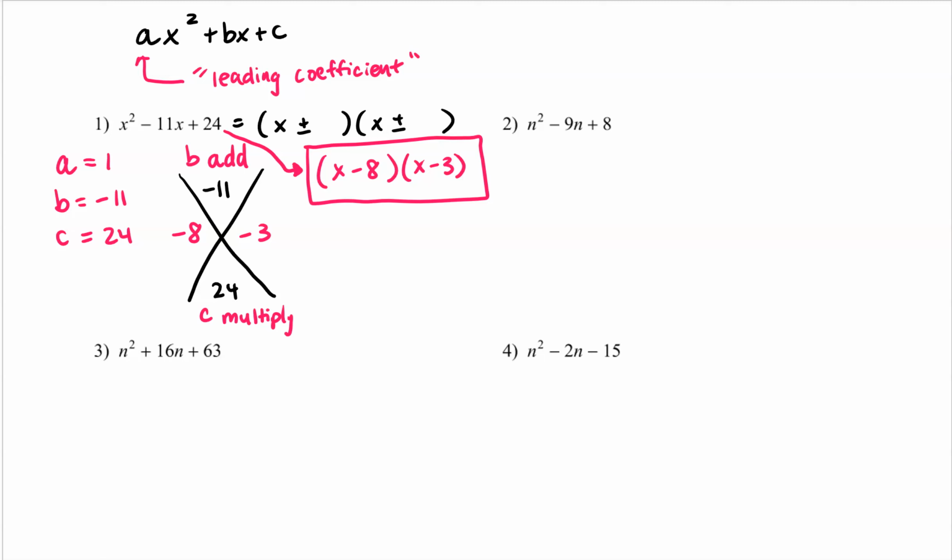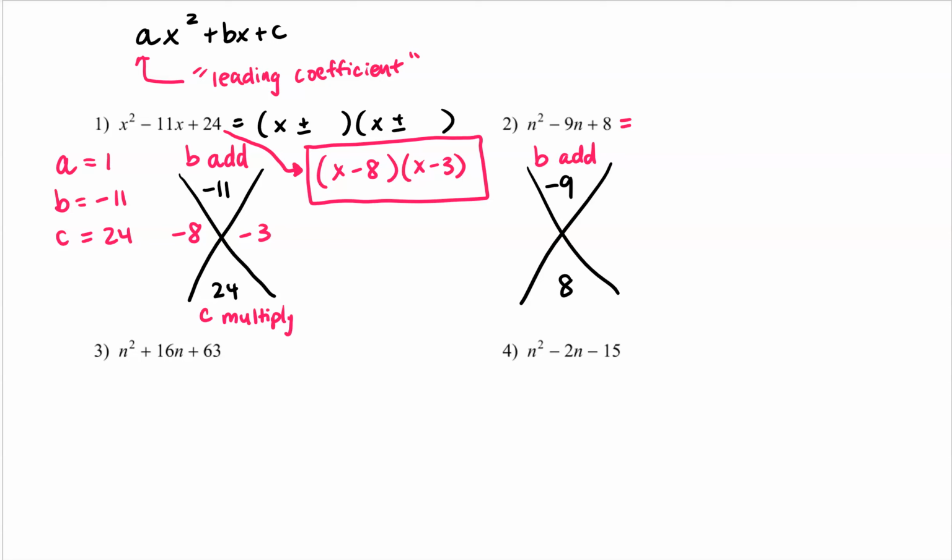Example 2 says n squared minus 9n plus 8. Don't let the fact that we are now dealing with the variable n throw you off. It works the same way that we did previously in example 1. So I'm going to create my x, and I know that the b value is negative 9, so that goes on top, and our c value is positive 8, that goes on bottom.